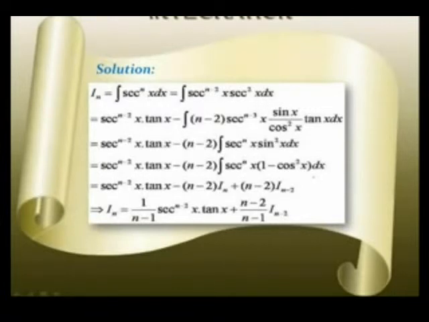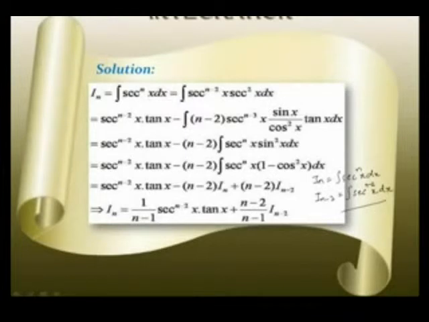Now we know that In is equal to integral of sec x to the power of n. So I of n minus 2 would be equal to integral of sec x to the power of n minus 2 into dx. And hence this further reduces to sec x to the power of n minus 2 into tan x minus n minus 2 into In plus n minus 2 into I of n minus 2.